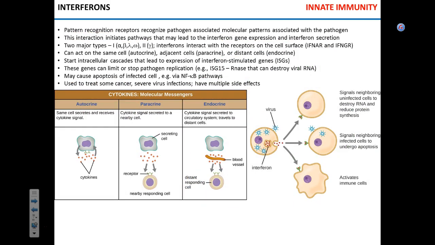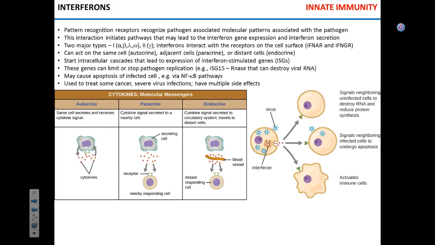Now the last mechanism of innate responses that I wanted to talk about is interferons. You may have heard this term. These molecules are used in clinical practice. So what happens? How are interferons stimulated?